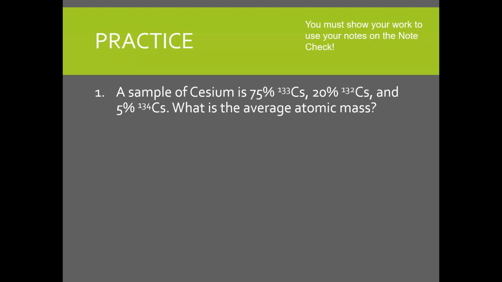You should have gotten that the average atomic mass of cesium is 132.85. How'd you do? Hopefully you got it right. If you didn't, I recommend going back and trying the problem again following the steps from the previous slide.